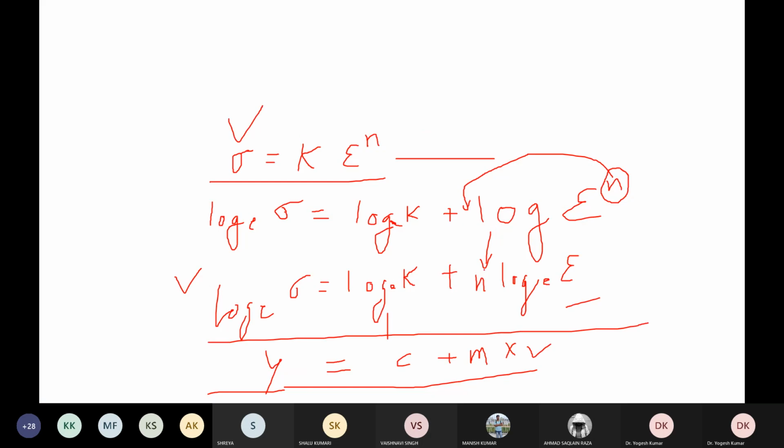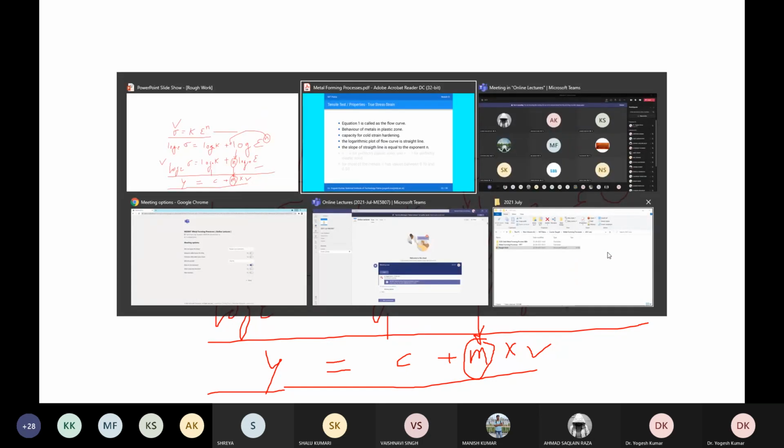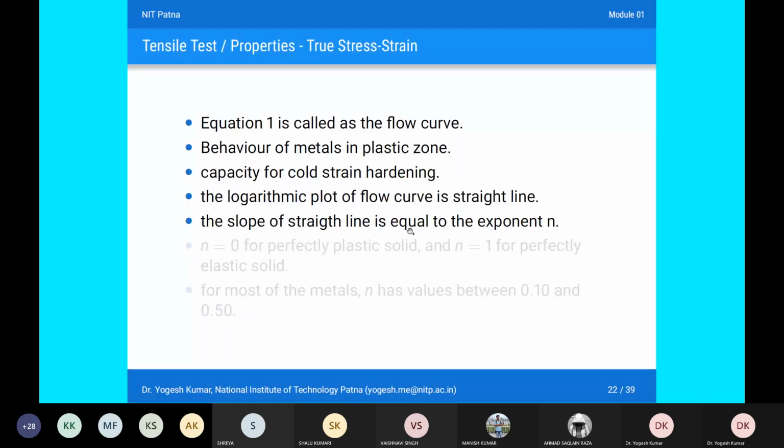Here we can see how this exponent n we are calculating. This is given by the slope of the straight line, and we have also concluded from this discussion that the slope of the straight line is equal to your exponent n.